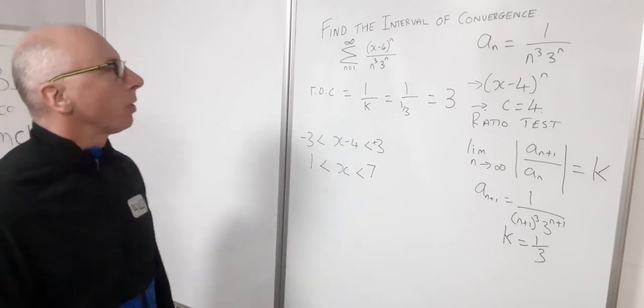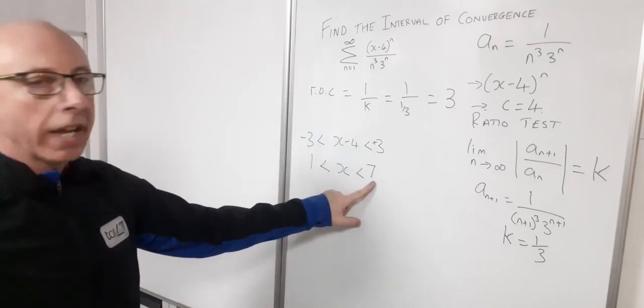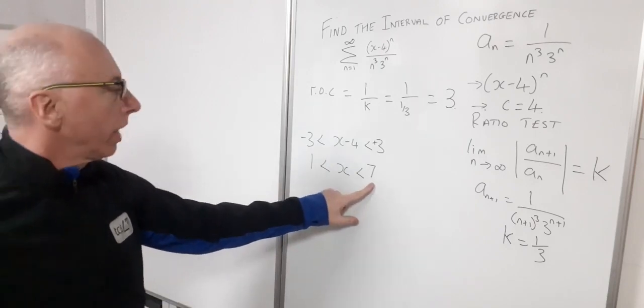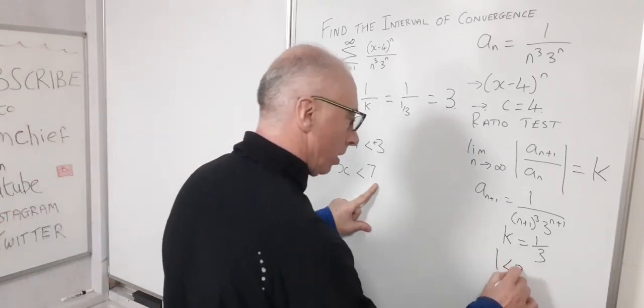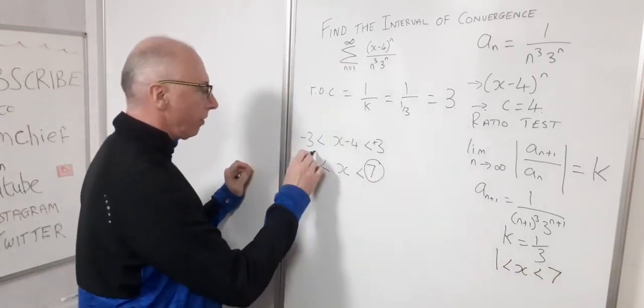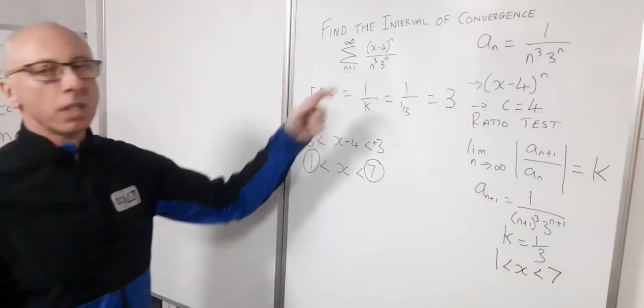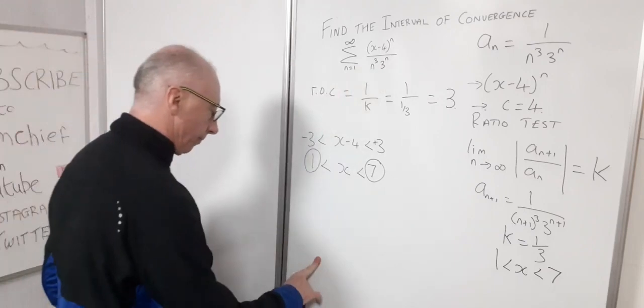So now what I want to do is to find out what happens when x equals 1 and when x equals 7. So let's find that out next. So if I just write my interval here, then we'll check the boundaries at 7 and 1 using this power series here.